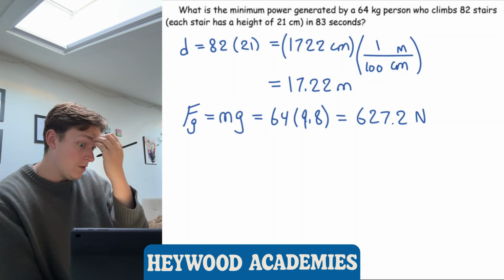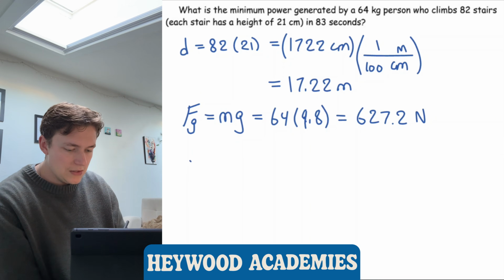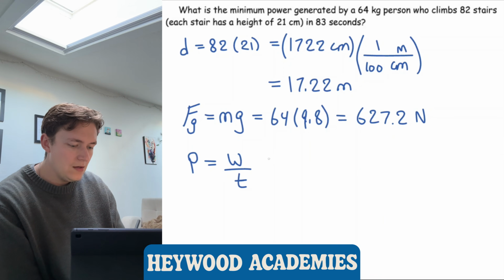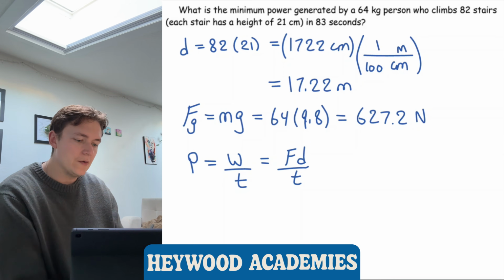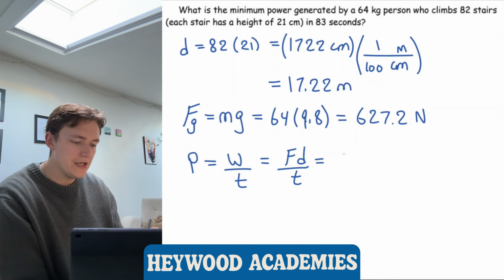Now we can go to our power calculation. So we said that power was work over time, but we also know that work is force times distance. So we can plug that into our equation and then plug our numbers in.